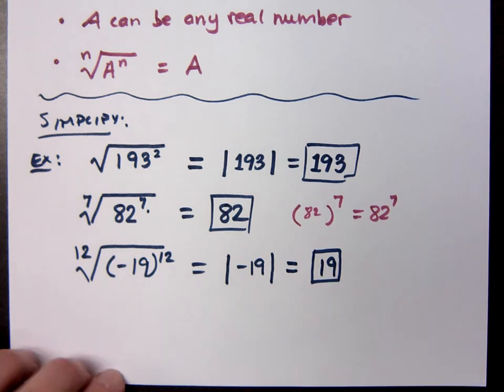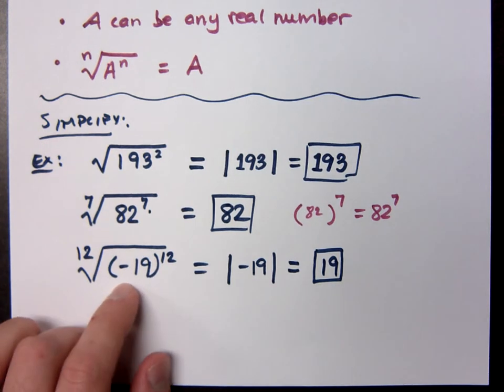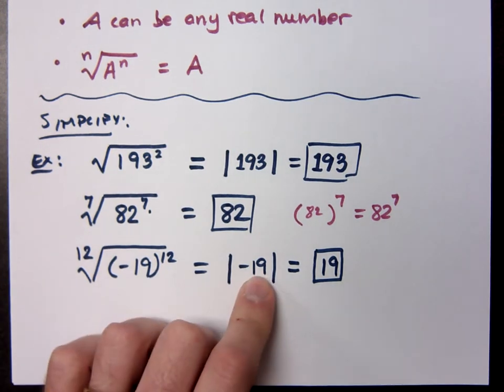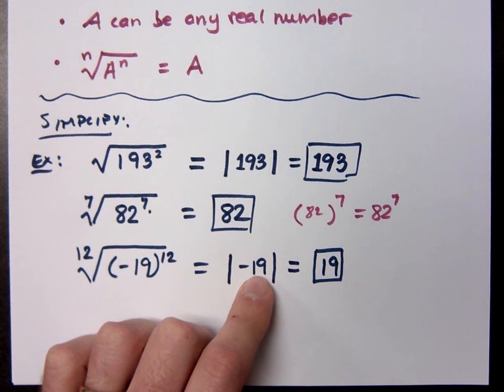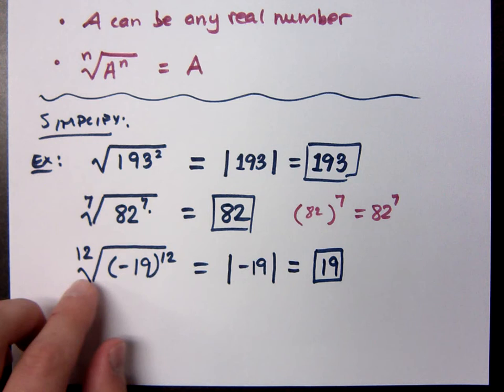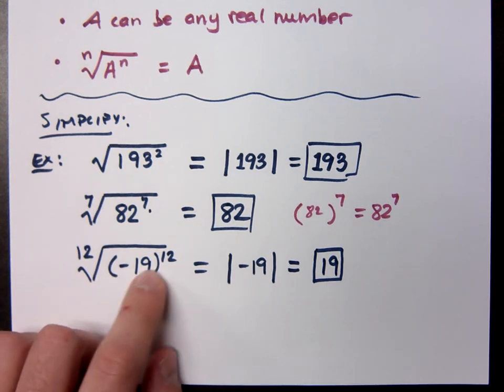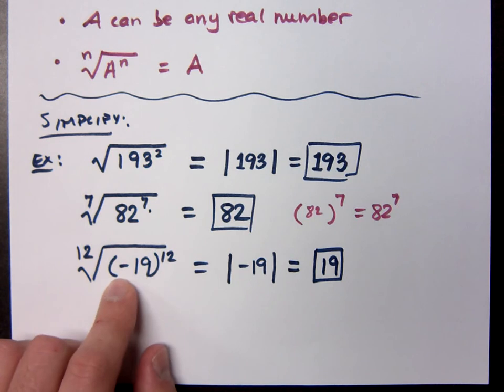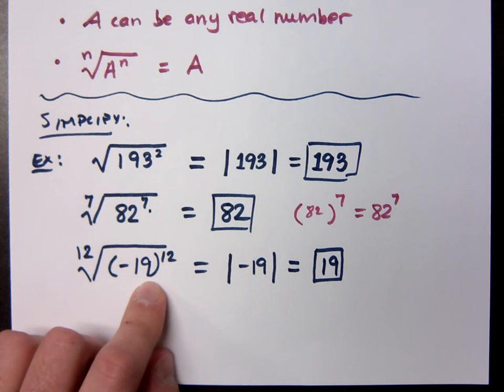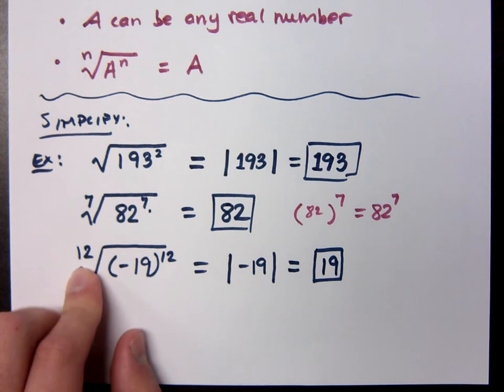And you may say, why do I need that absolute value? Well, think about this. If you just wrote negative 19, that's going to be wrong. Because if you were to do the order of operations first, if you were to raise negative 19 to the 12th power, what would be the sign of the result? Positive. And what's the 12th root of a positive number?